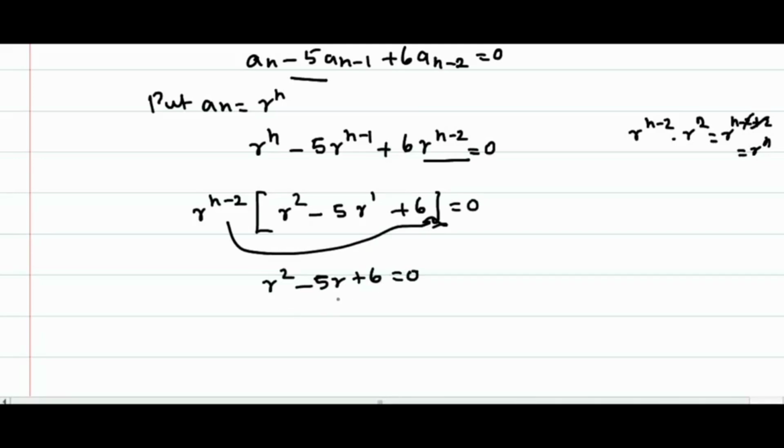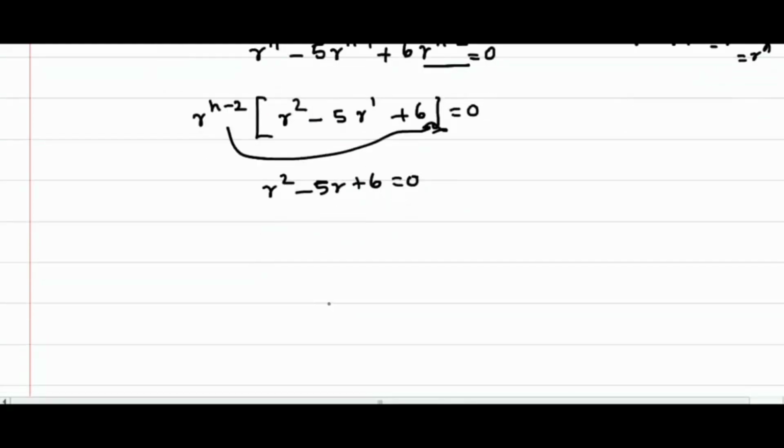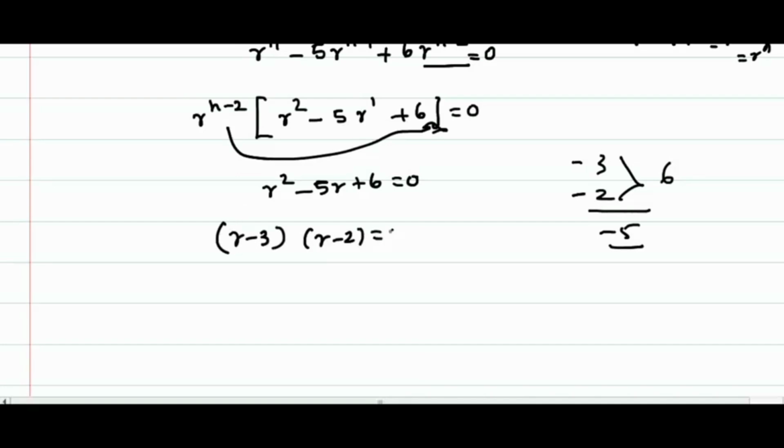Solving this equation, we get two different roots, because the given recurrence relation is a second order equation. How to simplify this? The product is 6 and the sum is minus 5, so the numbers are 3 and 2, since 3 times 2 is 6 and minus 3 minus 2 is minus 5. So we can write (r minus 3)(r minus 2) equal to 0.